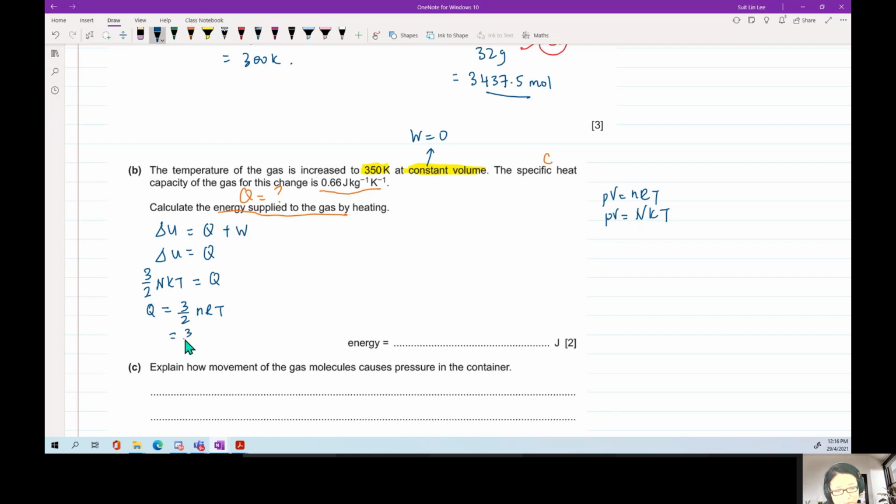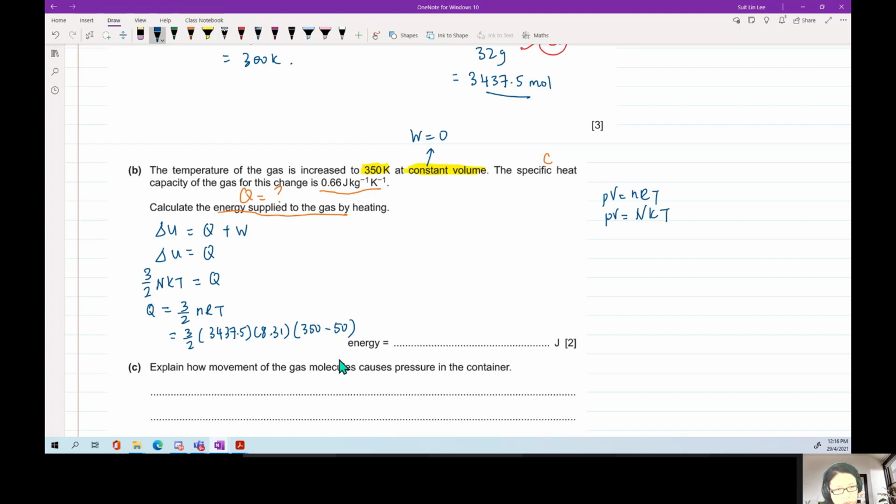So we could substitute this. 3/2, the number of moles is 3437.5. This is 8.31. And the change in internal energy is due to the change in temperature. So 350 minus 300. 3/2 times 3437.5 times 8.31 times 50.